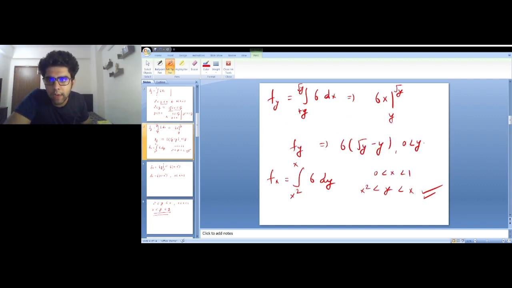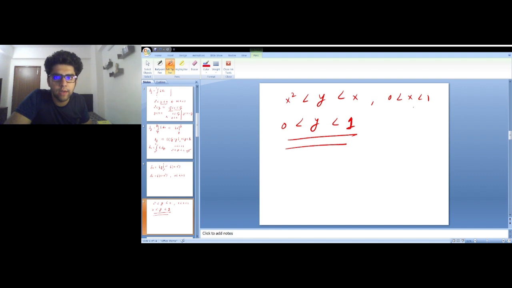When I'm writing the PDF of y, I need to write its limits, right? So finally we have got, I'll be erasing this, right? I'm erasing this just so that I have a clean page. Or I can just draw a line. Wait, let me not erase this. I'm just drawing a line, right?